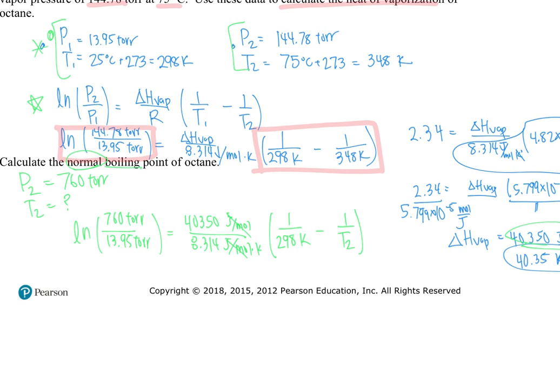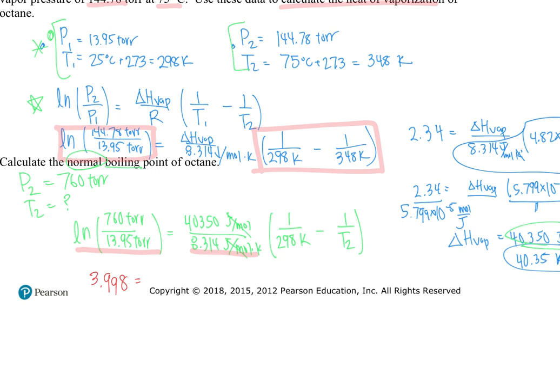So once again, this is a number. This is a number. We're going to calculate for it, and then we're going to solve for T2. So we're going to do natural log of 760 divided by 13.95. And what I get is 3.998. That's going to equal 40,350 divided by 8.314.